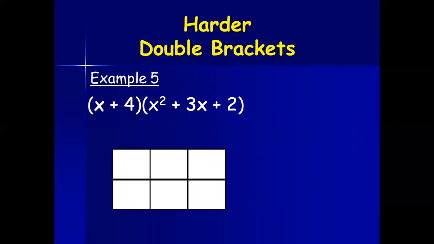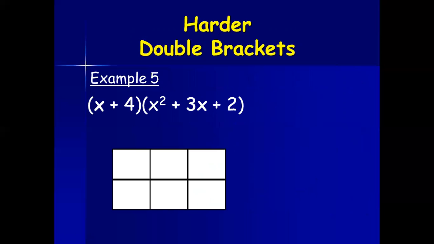Let's see this example. What if he gave me x plus 4 in brackets, times x power 2 plus 3x plus 2. Our floor will be larger, instead of 4 sections, it will be 6 sections.